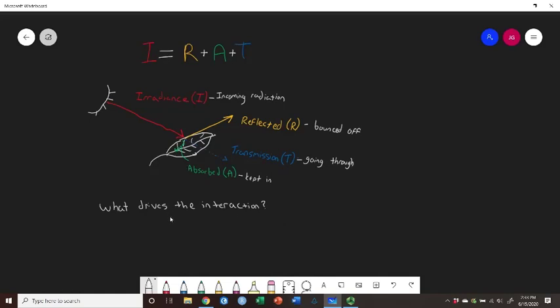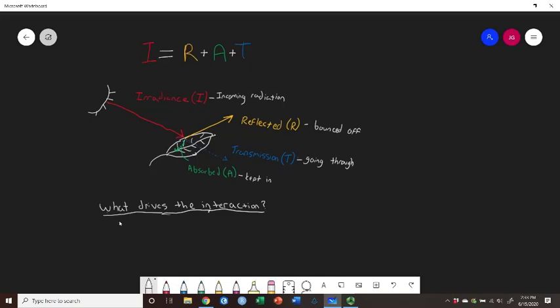What decides whether this irradiance is going to be primarily reflected, primarily absorbed, or primarily transmitted? All right, what determines whether or not it's going to be reflected, transmitted, or absorbed?